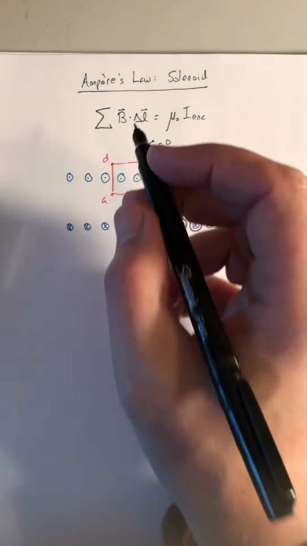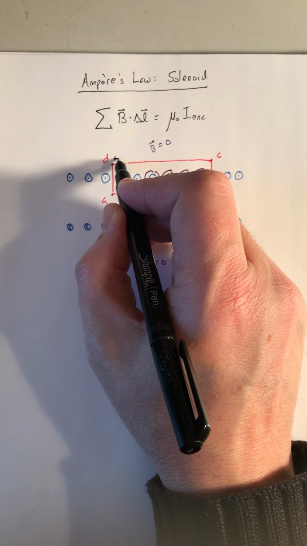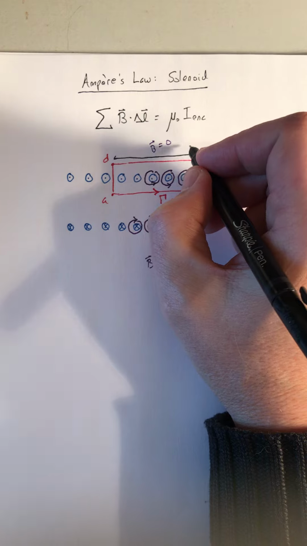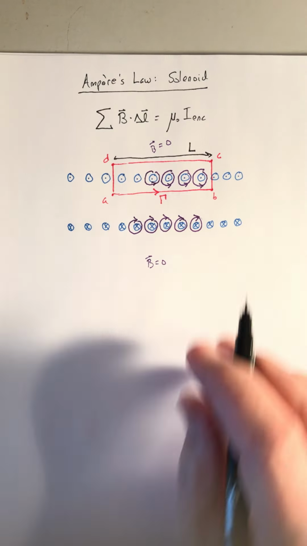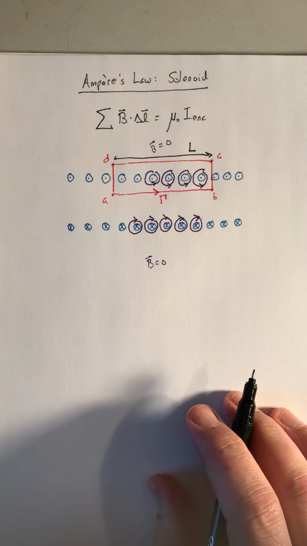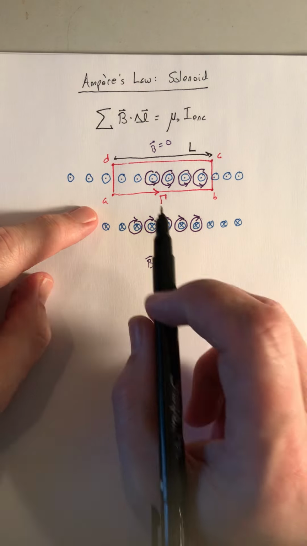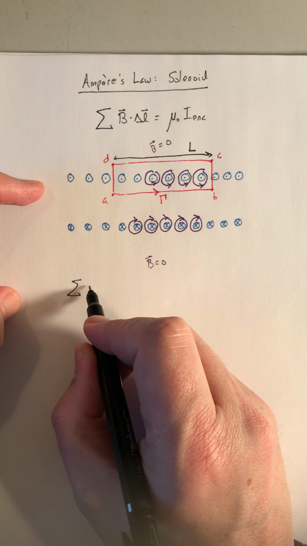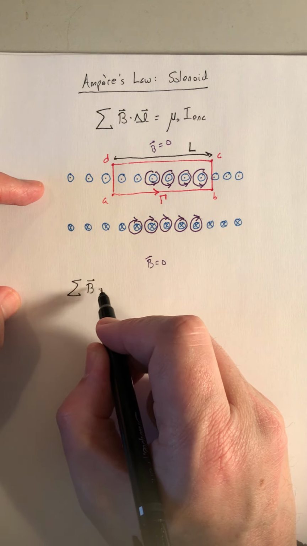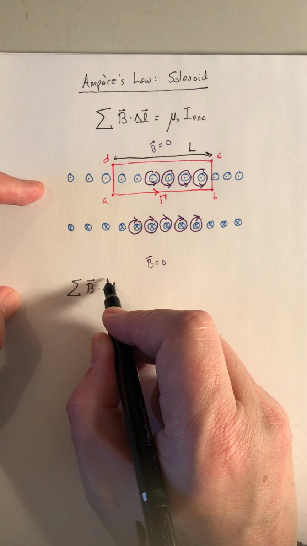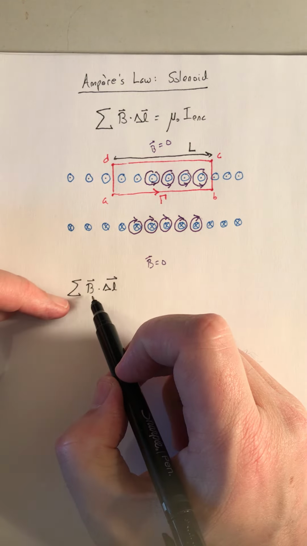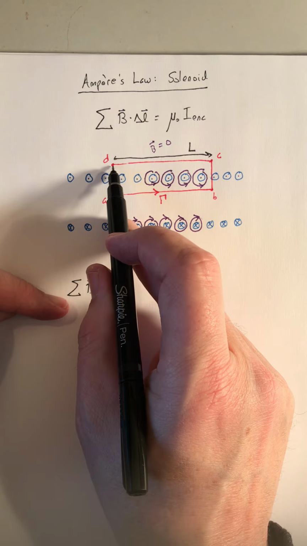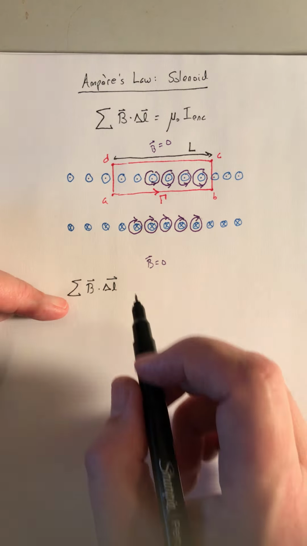And I'm going to set this to be a length L that is, as of right now, unspecified. All right, so I add up the component of the magnetic field along my loop as I go around the loop, and just add all those together.